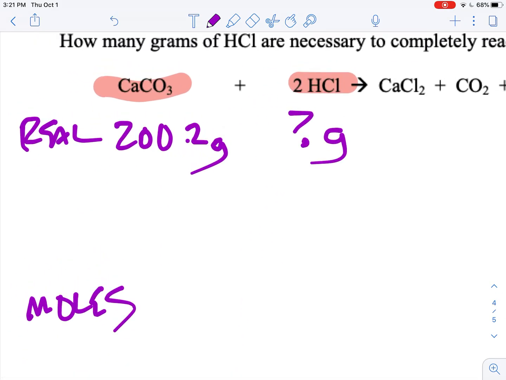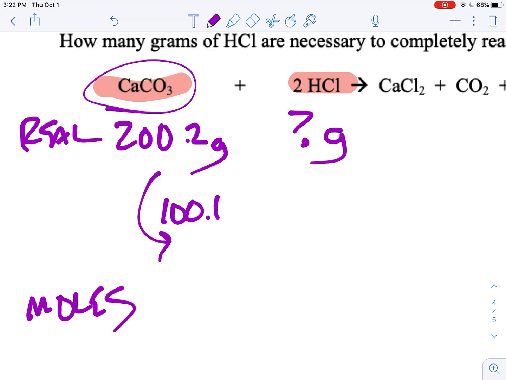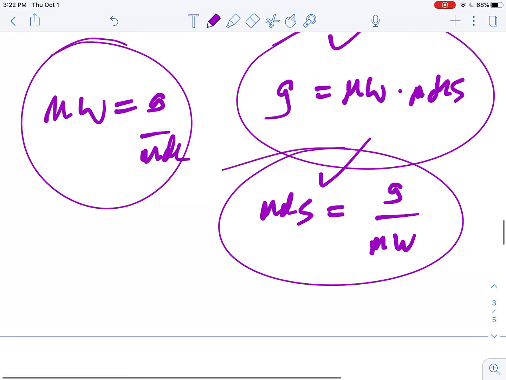So the first thing I'm going to do is take these grams and turn them into moles. Now I have to look up on the periodic table the molar mass of this. So calcium and carbon and oxygen, if I add all of that up, I get 100.1 grams per mole for its molar mass. So I've got grams, I want moles.